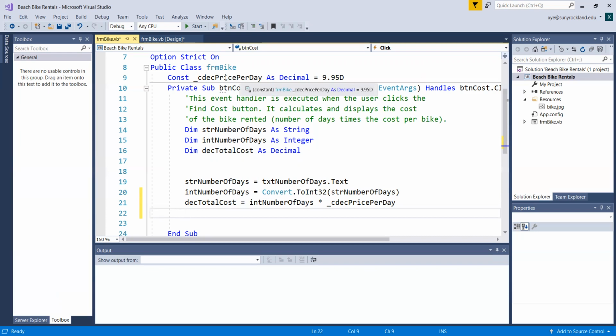No. Okay, declare the constant. Let's do it here. See here, line 9, and we define that as a constant number. You have to put this right underneath public class form bike.